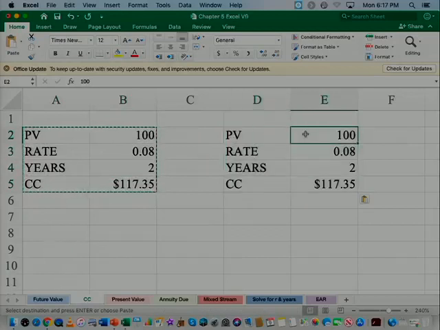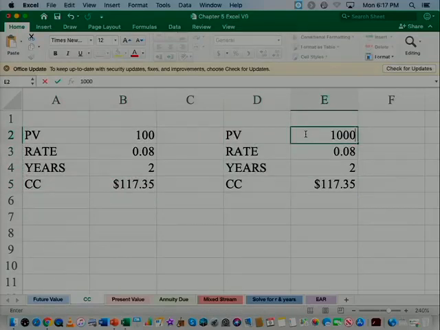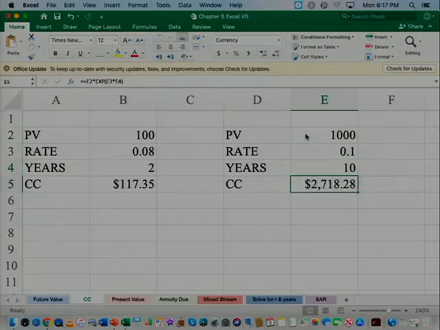I'll do problem 2. So if we were to calculate problem 2, you'd probably just go like this.